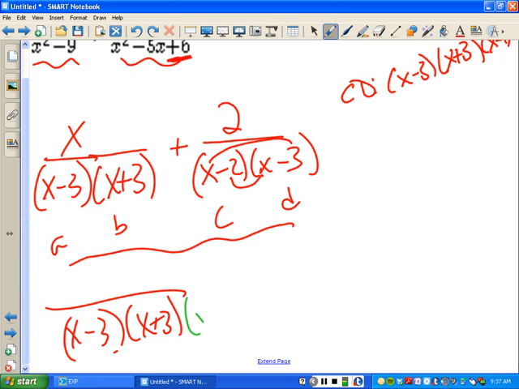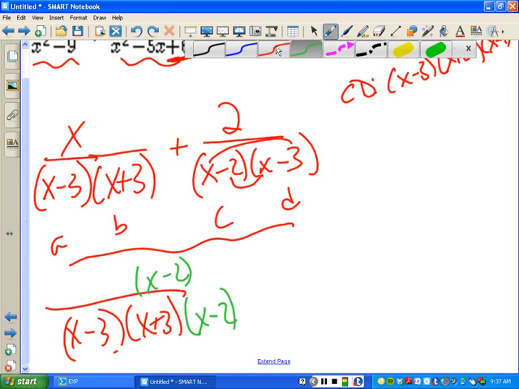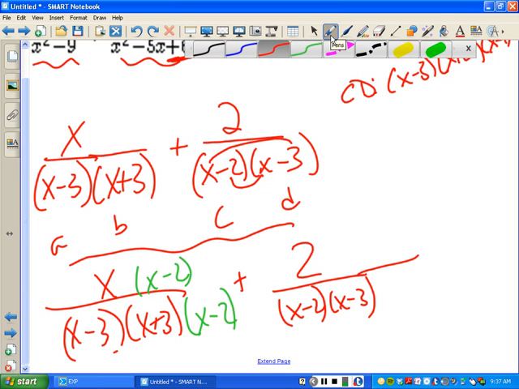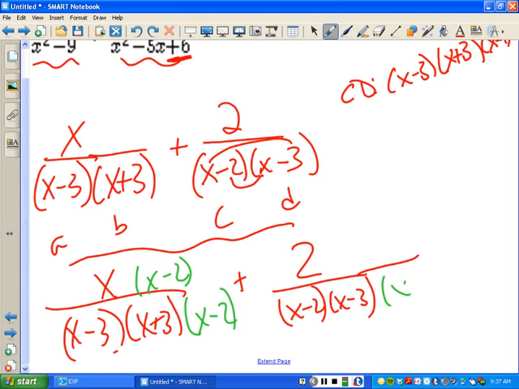So if I put it on bottom, I must also put it on top. Now, over here, I've got the x minus 2. I've got the x minus 3. What piece am I missing? I'm missing the x plus 3. If I put it on bottom, I must also put it on top.